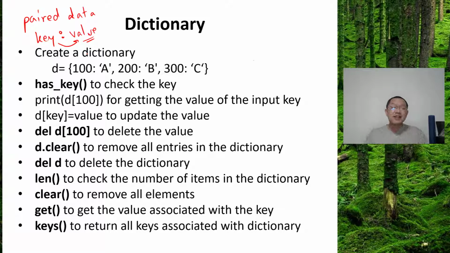So this paired data is very useful for indexing the values or the information. This is an example of how to create a dictionary.